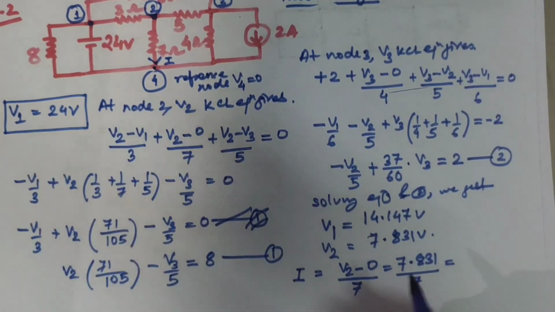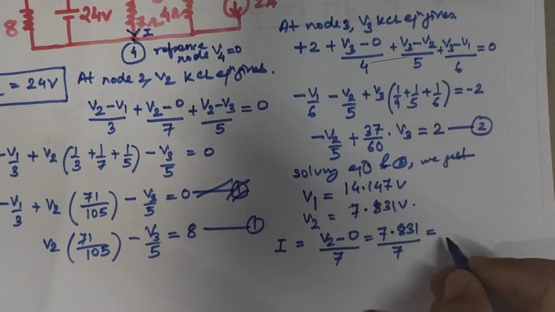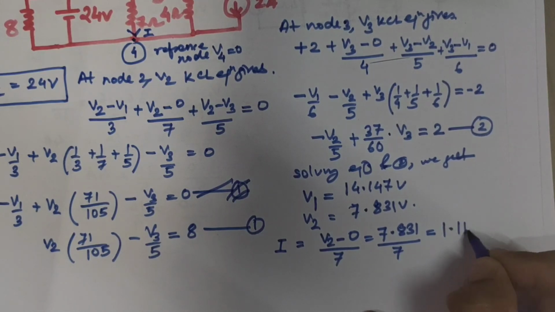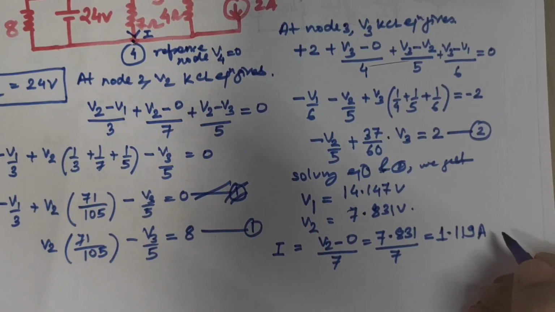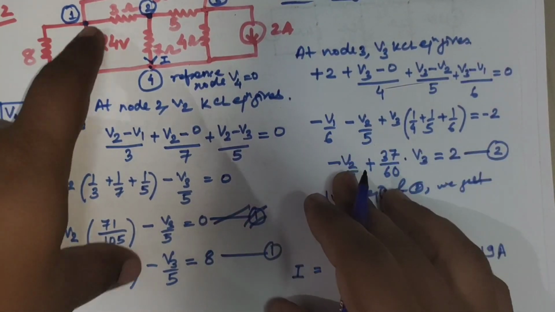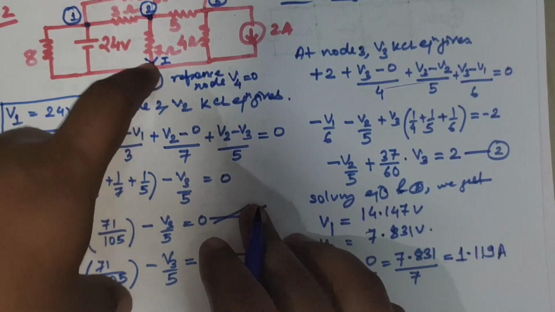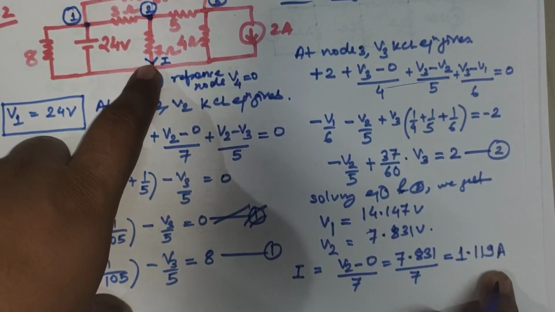So it will come out to be approximately 1.119 ampere. So here is the solution of this circuit. We find out the current I equals to 1.119 ampere.